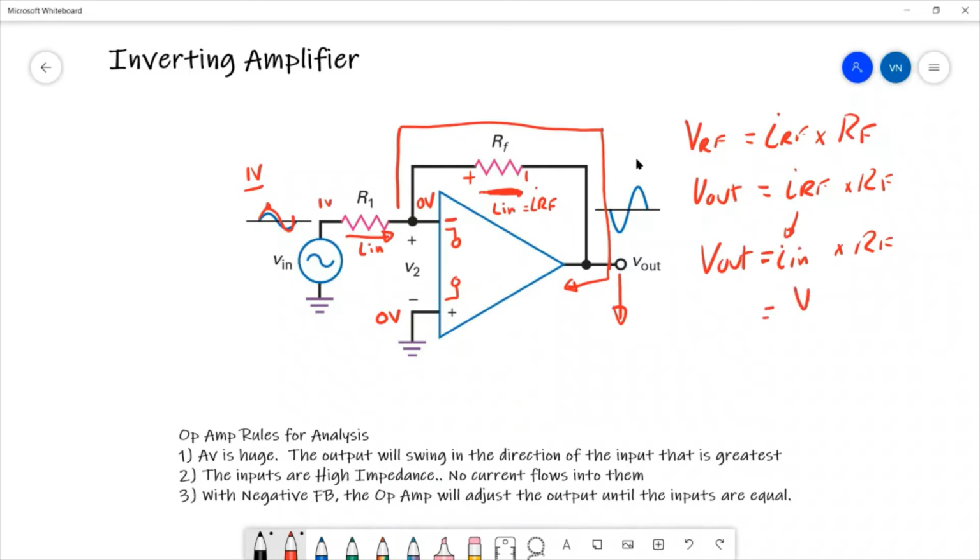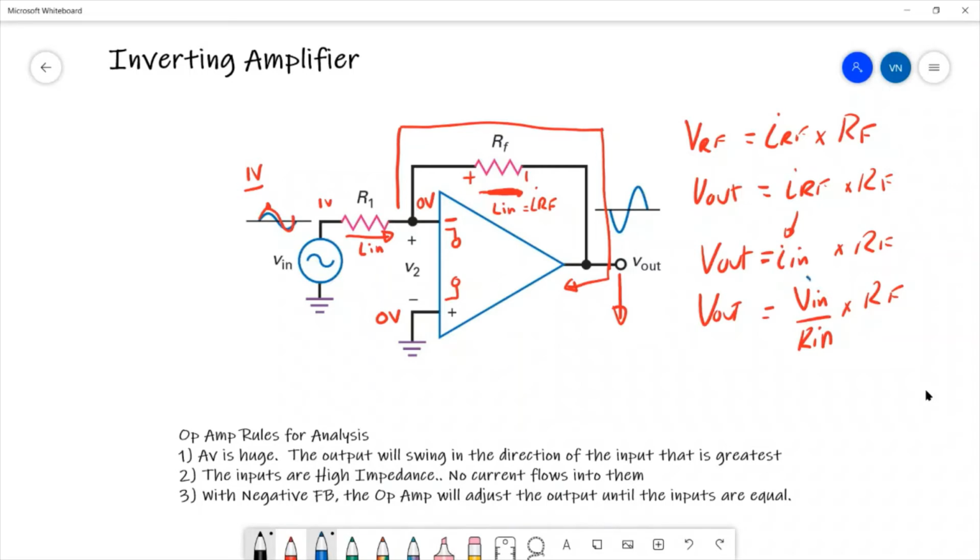But IN is VN over R1. We got IN from applying the input voltage on one end of this resistor while the other end is ground. So IN is 1 volt over R1, or VN over R1. So V out equals VN over R1 times RF.